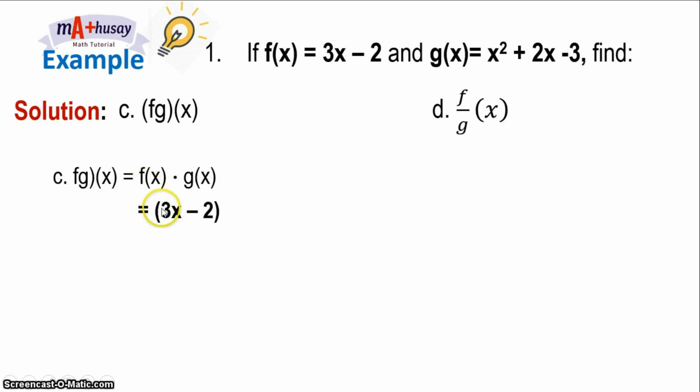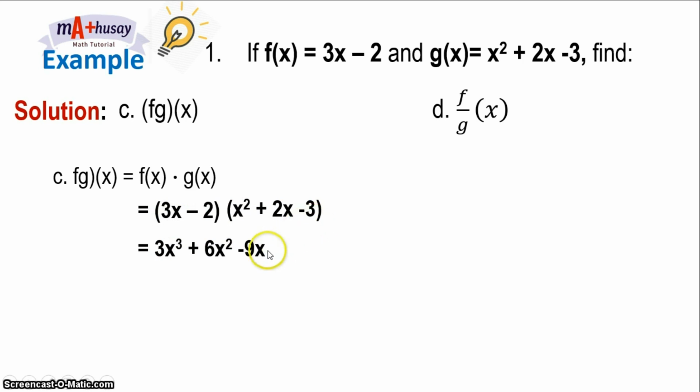So, alam natin na ang f of x is 3x minus 2 times the quantity of x squared plus 2x minus 3. So, applying the distributive property, so 3x times x squared, that's 3x cubed, right? Si 3x times 2x, that's positive 6x squared.